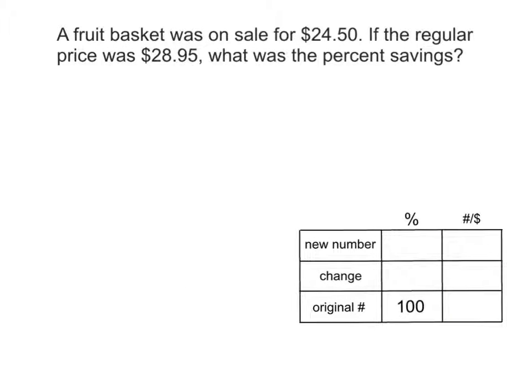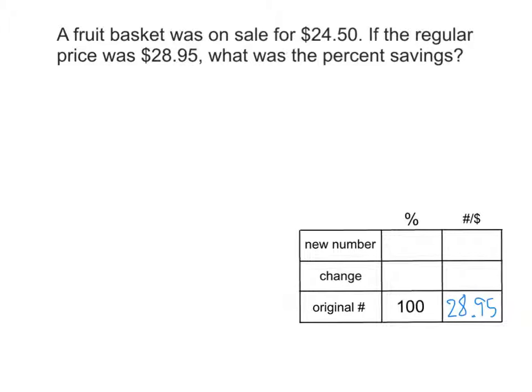This final slide gives an example that has to do with a discount or a sale price of a fruit basket, as you can see. So what we need to do is put into our chart what the original price was, and that, of course, is $28.95, which is the price it was originally sold for.